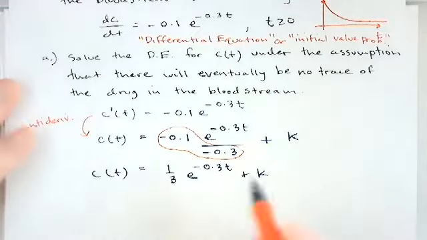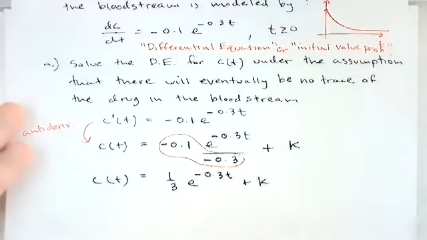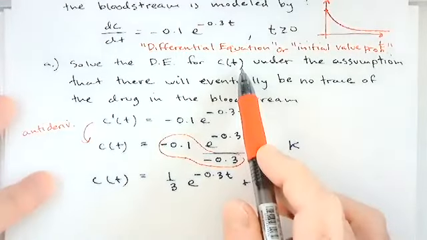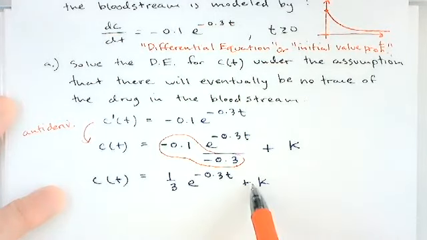Okay. Now, when you get these initial value problems, what we're going to want to do is take it a step further. This is the general antiderivative, but in order to be able to tell the concentration of the drug at any time, we need to know what that constant of integration is.